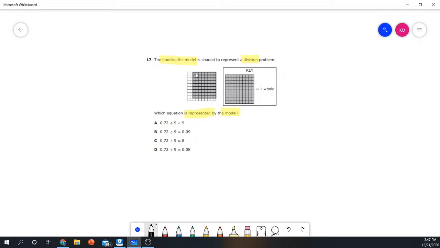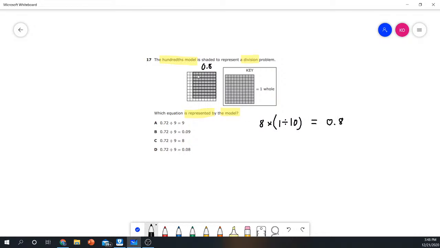That means this shaded section must be, if we count 1, 2, 3, 4, 5, 6, 7, 8, I'll just write 0.8, because if this is 1 whole, then this has to be 1 divided by 10, and then multiply that by 8 because there are 8 different columns. So you get 0.8.